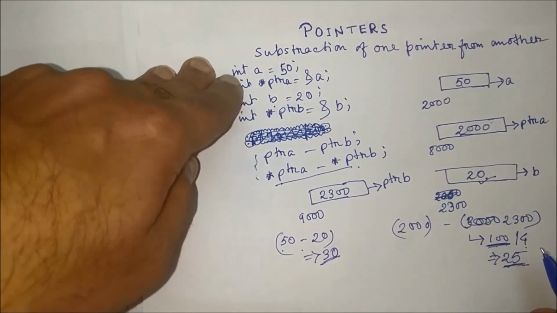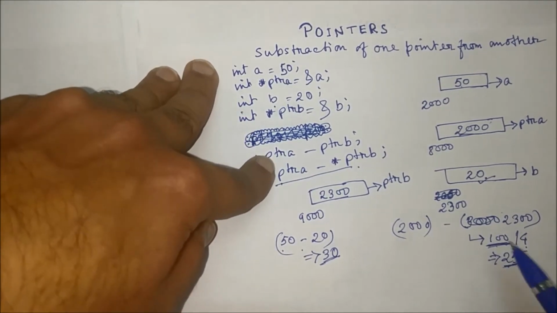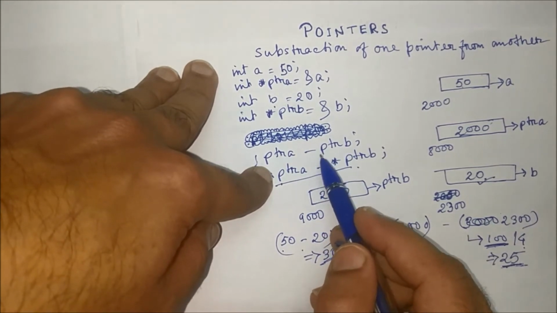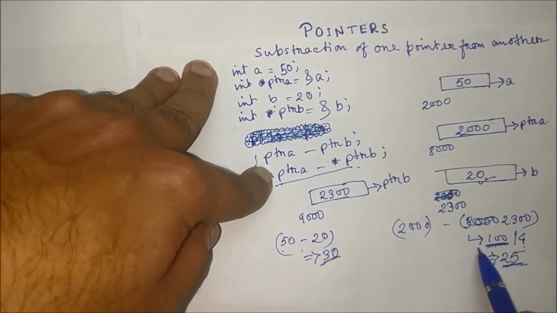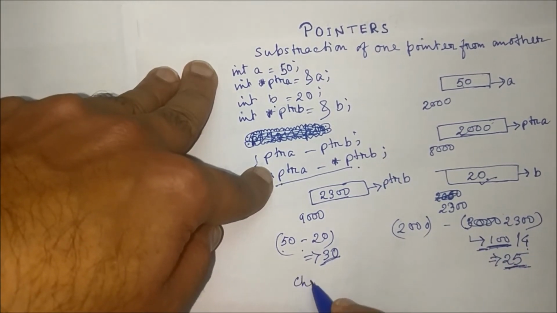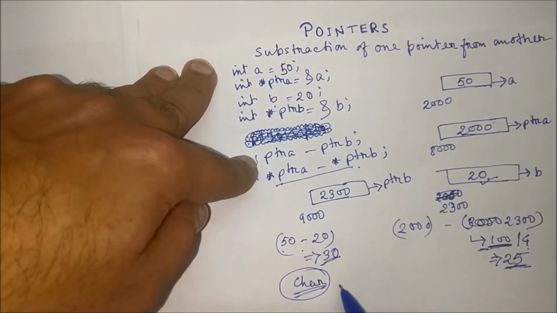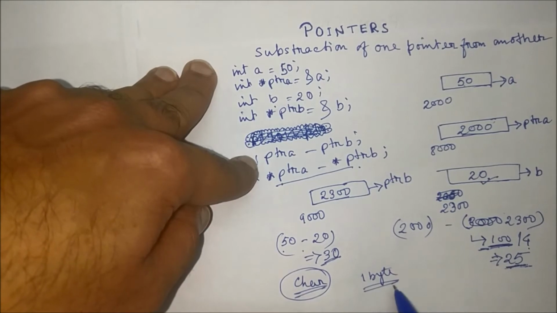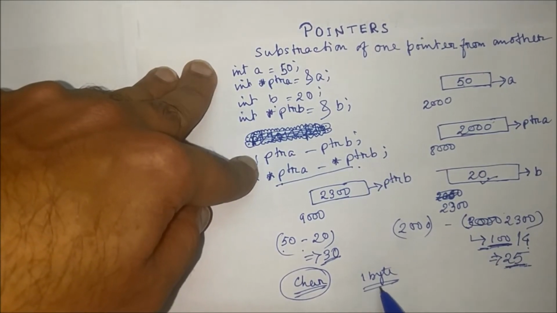So if instead of this integer variable it is a character variable, what will happen is that star ptr and star ptr B will give the difference as the number of characters you can place between this memory space. So if it was 100, for the character pointer, character variables are 1 byte each, so each time the pointer moves one step forward or one step backward, it goes to the next or previous location of the character variable in memory.